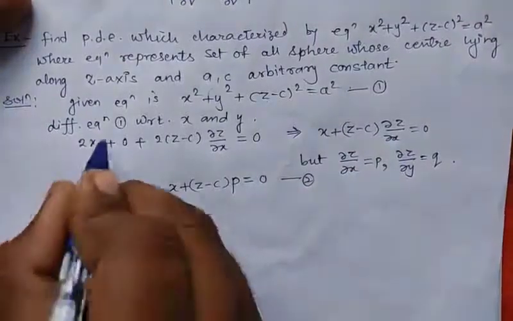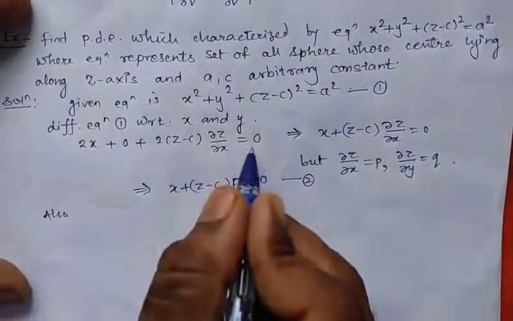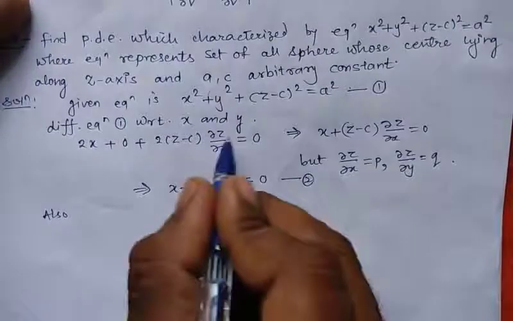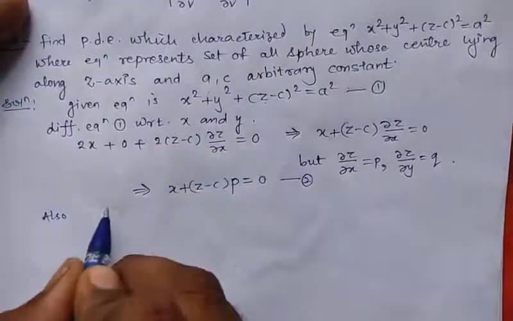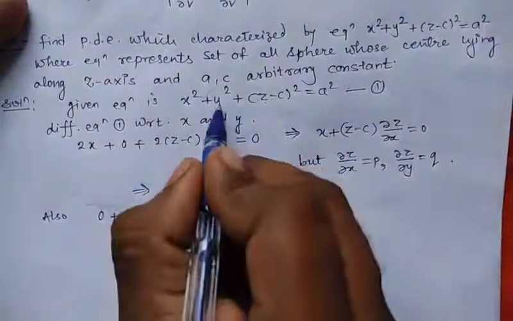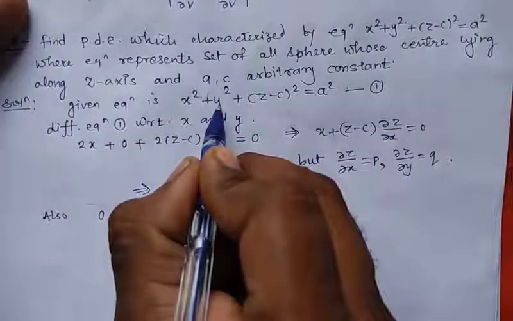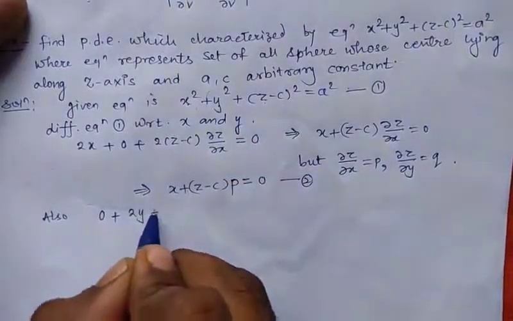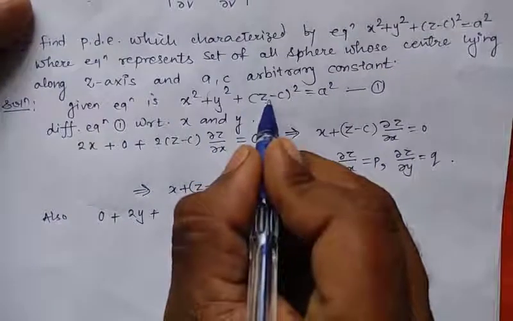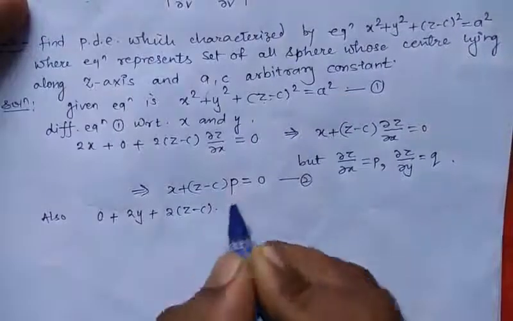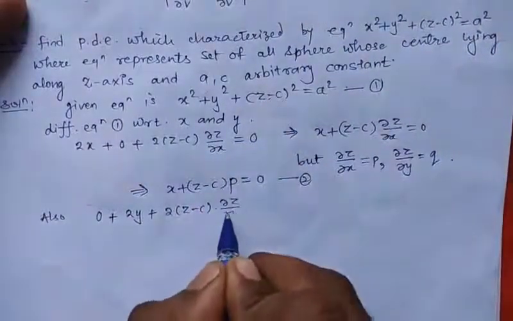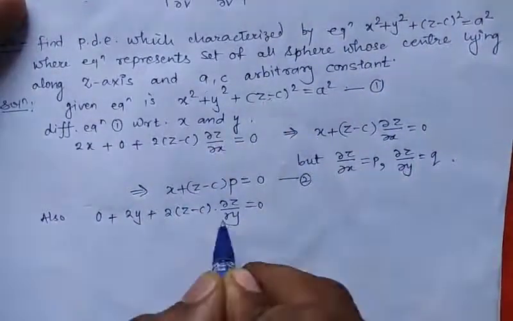Also, first we have differentiated with respect to x. Now differentiating with respect to y, we get 0 plus, differentiating y square with respect to y, we get 2y plus, because here z is a function of x and y, we get 2 times (z minus c) and the derivative of z with respect to y, which is equal to 0.